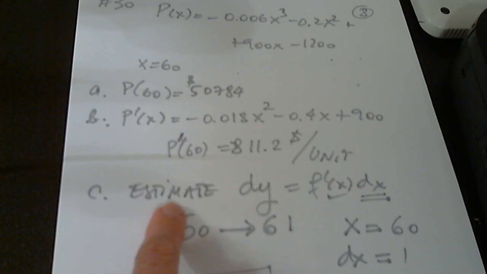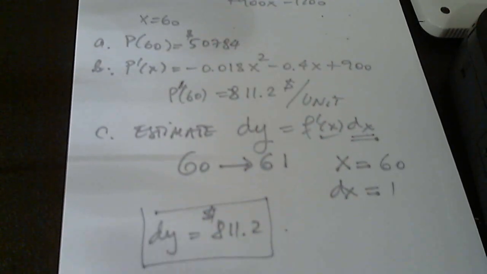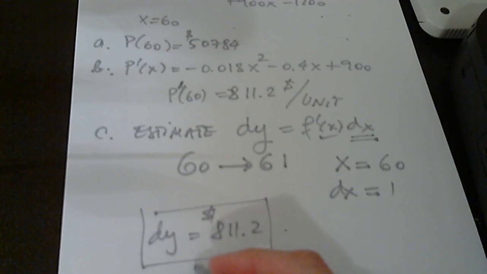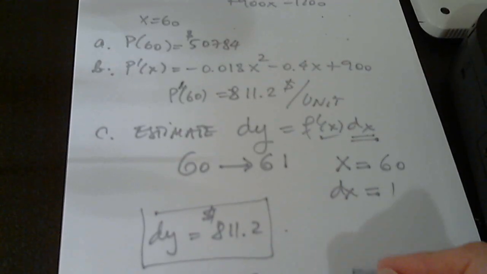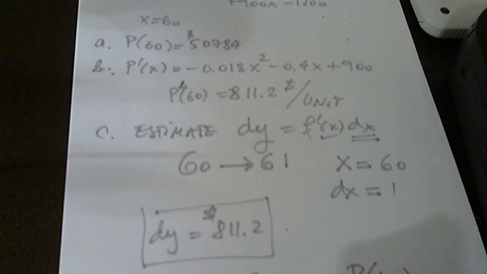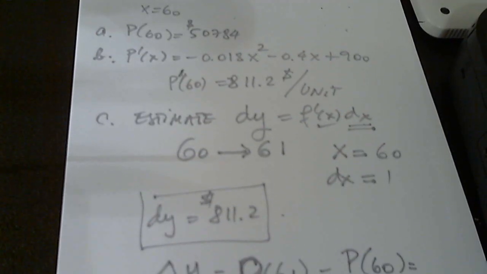That's it. Estimate. If they're asking us to determine the exact, this will be delta y, which will be profit of 61 minus profit of 60. So let's determine that as well, although they're not asking in this problem.